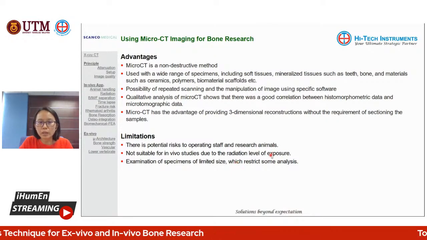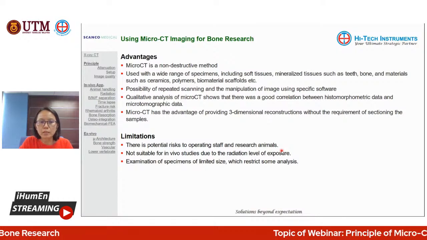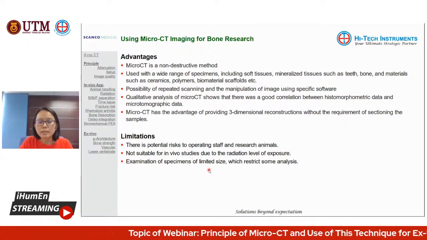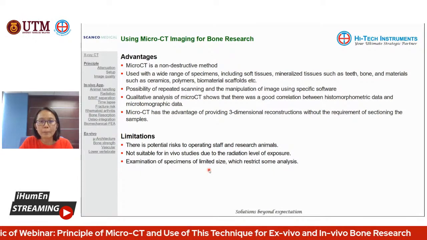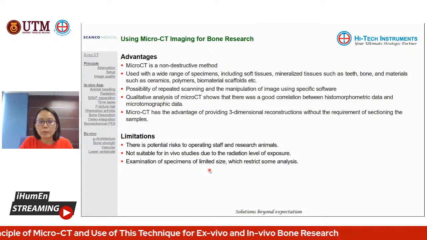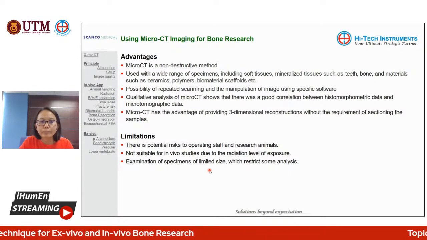So this is something we need to measure and consider before we start the experiment. And last, the sample size has a certain limit depending on the system. It will normally tell you the maximum field of view, FOV.